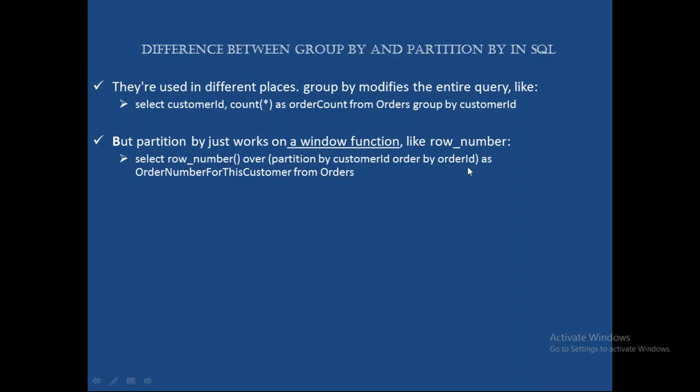So maybe let's say you have the Nagaraj group and the Vinod group. Nagaraj has placed 1, 2 orders. Vinod has placed 1, 2, 3 orders. So now you want to order those order IDs first within that particular group. I need to see them in proper order 1, 2, but I should not see 2, 1.